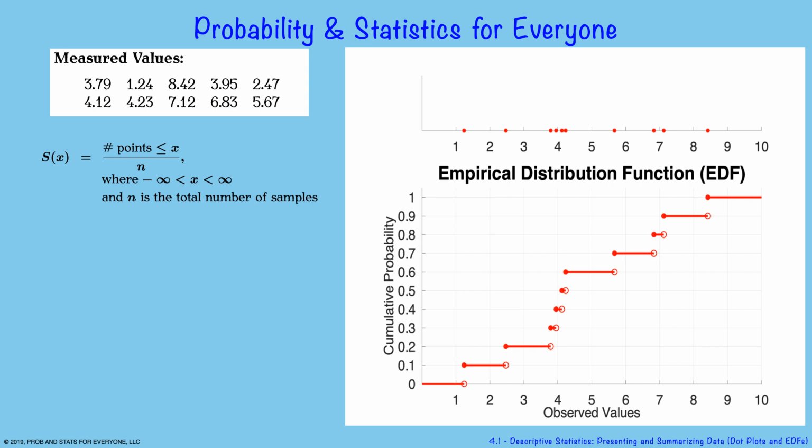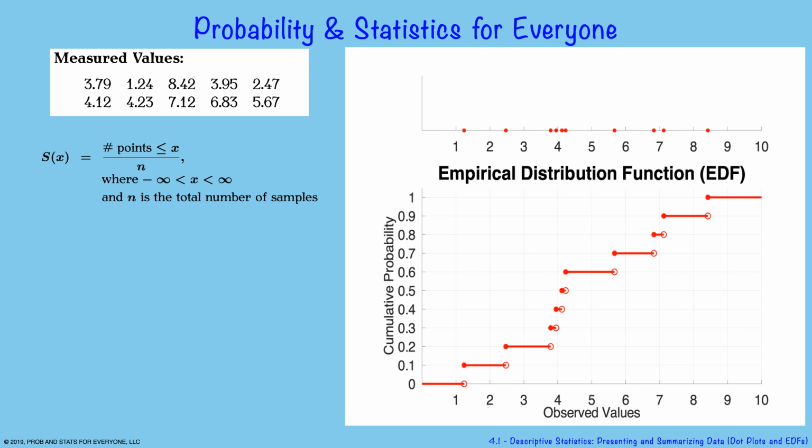For example, the jump to 1/10 occurs right at 1.24, but not less than 1.24. So that 0 line goes all the way up to not even 1.23999999, let the 9s go out forever. That still has 0 points to the left of it. That jump doesn't occur till 1.24.